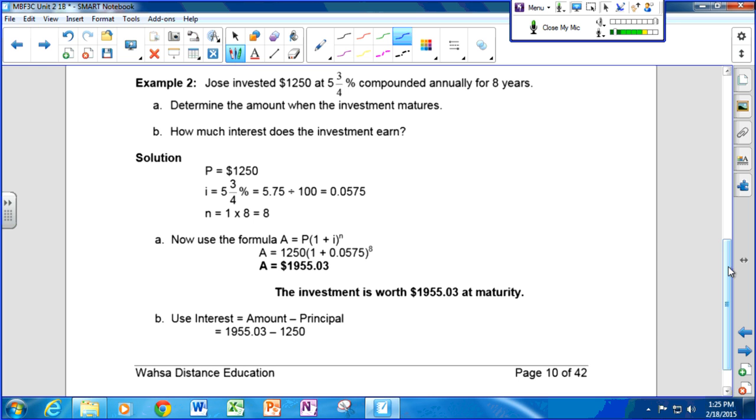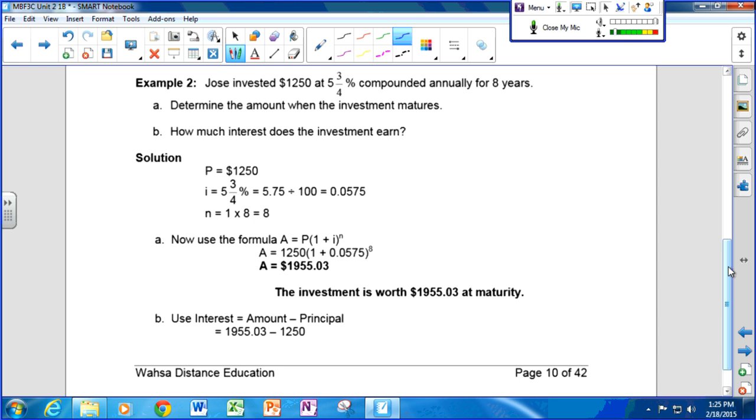All right, so let's take a look at example 2 in the middle of page 10. It says Jose, Josie. Let's say Josie. We don't know, right? You'd kind of have to ask in that case. Josie invested $1,250 at 5.75% compounded annually for 8 years.